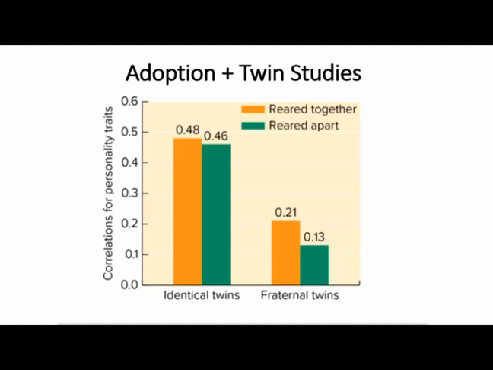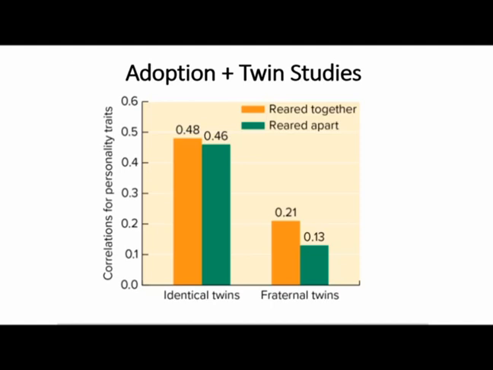But if we look at our fraternal twins, the ones that are reared together have a 0.21 correlation, and the ones that are reared apart only have a 0.13 correlation. So there's a difference there, where those that are reared together have a larger correlation, where their personalities are more similar, and those that are reared apart have a lower correlation, so their personalities are less similar.